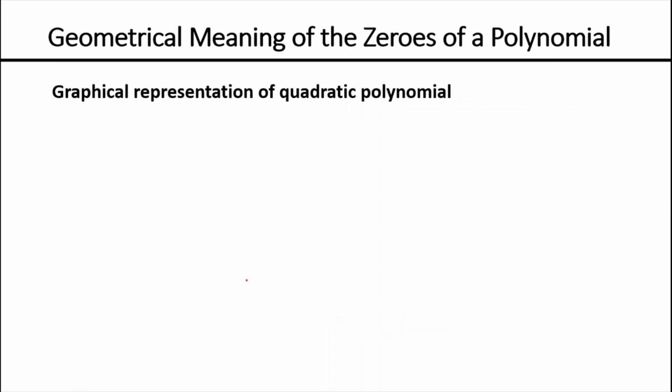Keeping in mind the learnings from the graphical representation of a linear polynomial, we will take a look at the graphical representation of a quadratic polynomial. Firstly, we should keep in mind that the general form of a quadratic polynomial is y = ax² + bx + c.